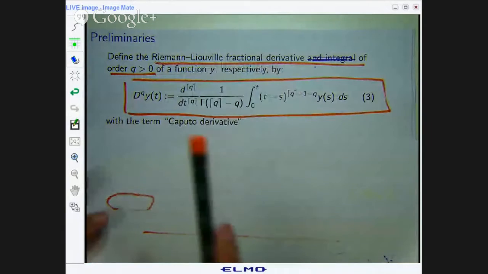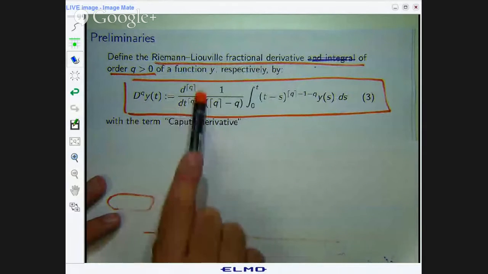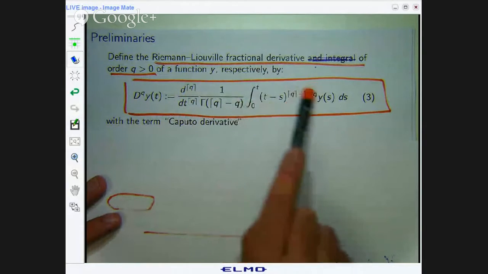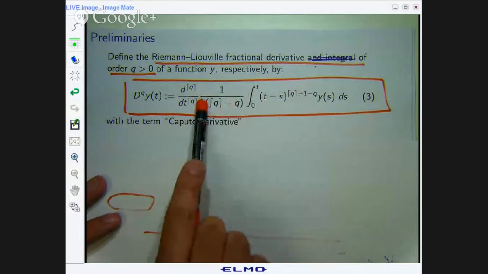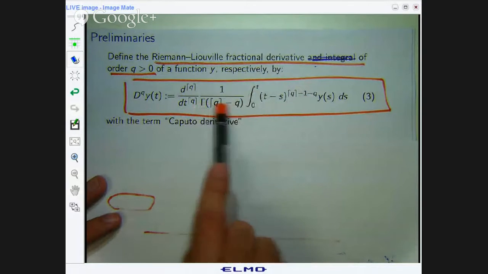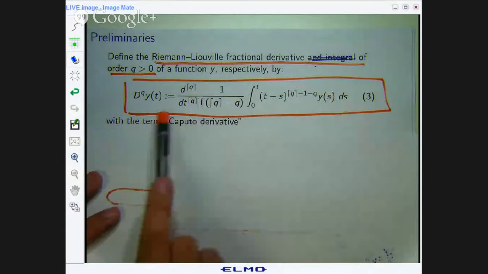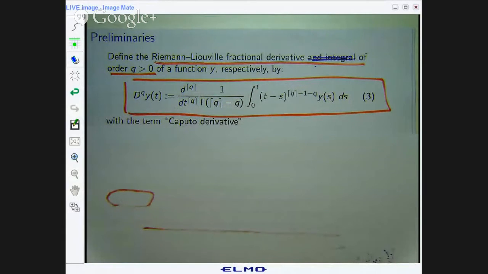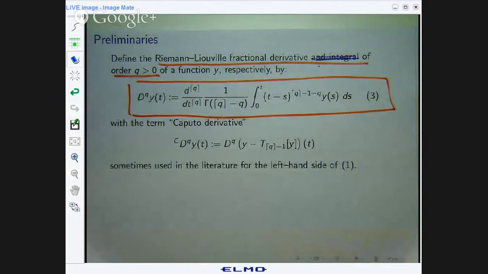Firstly, you can see that it involves a regular derivative and an integral, and you've got this kernel here. This is the classical gamma function down here, and if, for example, q is an integer, then these things all cancel out, and you can use the fundamental theorem of calculus to form just the regular derivative.